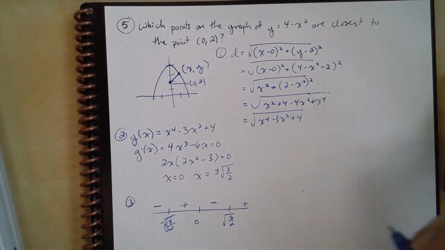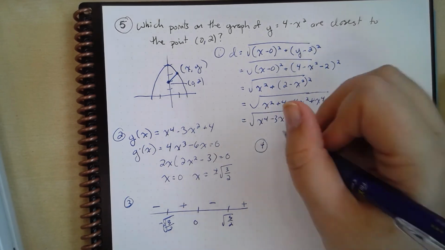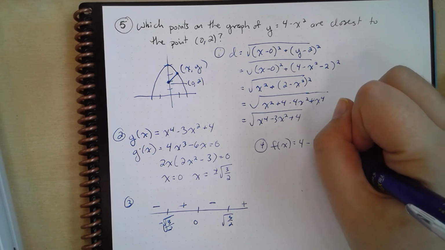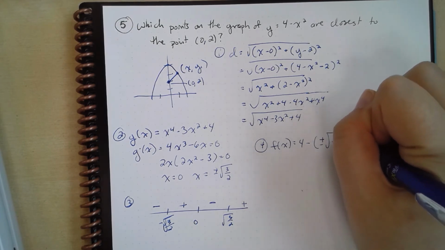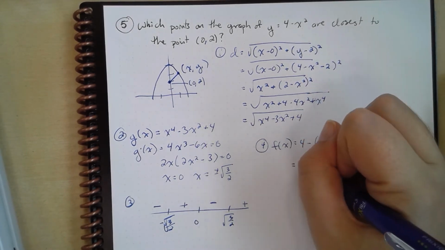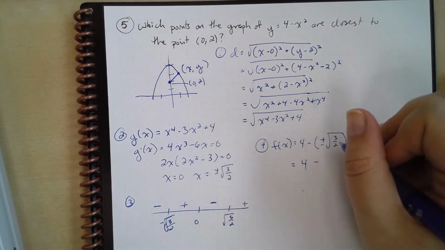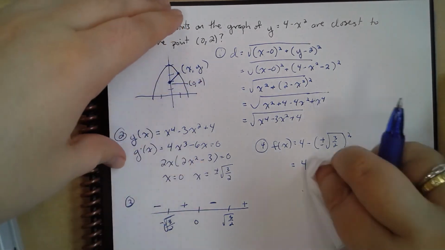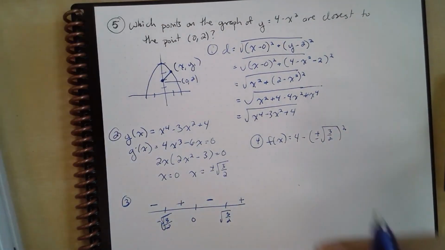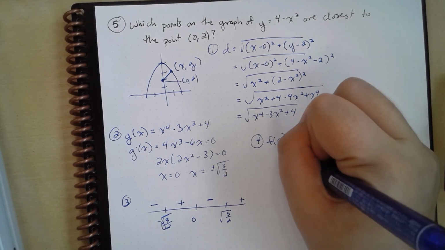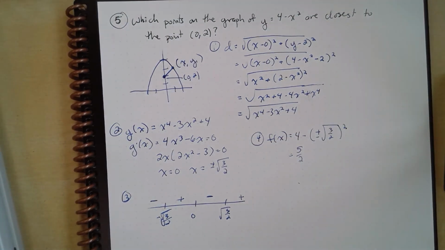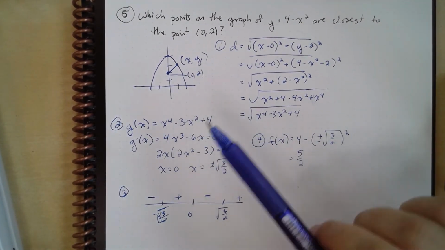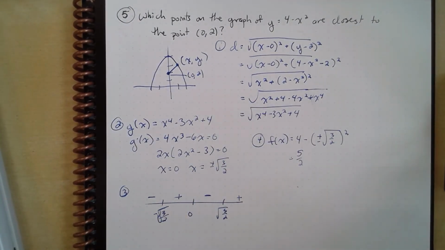So f of x, my fourth step, f of x is going to be equal to 4 minus plus or minus the square root of 3 halves squared, which means f of x is equal to, anyway, I'm not going to calculate all that. f of x is going to be equal to 5 halves. Okay, so where is the graph closest to the point (0, 2)? Well, we can't just use 0 because it is at 0, right?